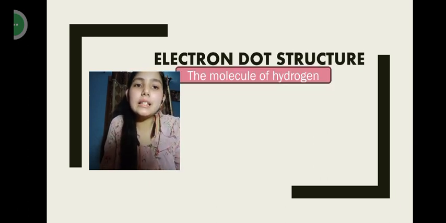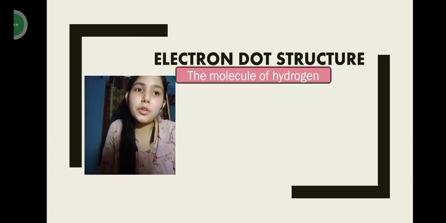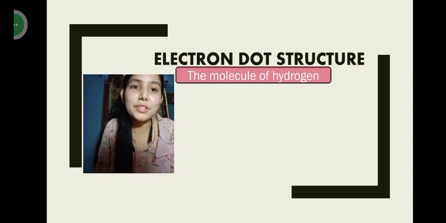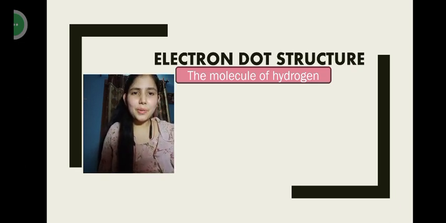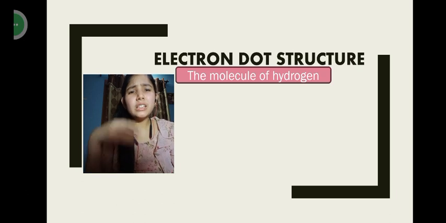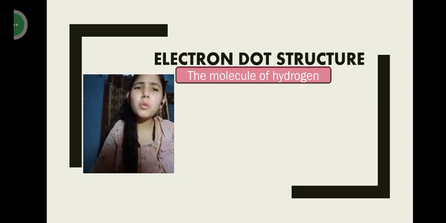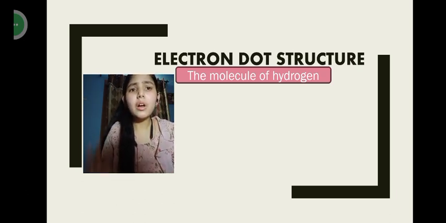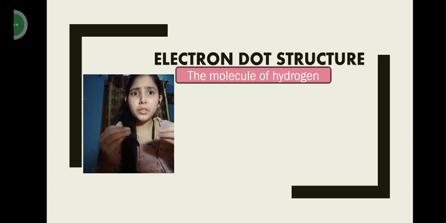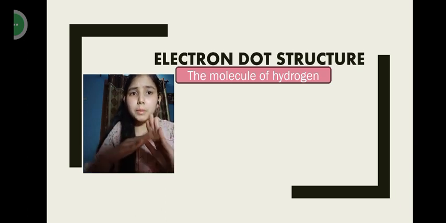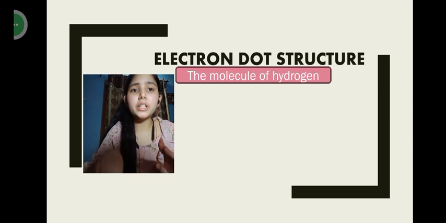So let us discuss the molecule of hydrogen. We are studying carbon, so why the molecule of hydrogen? Wait, let me tell you, carbon will attach to carbon, right? But some bonds are empty for carbon.